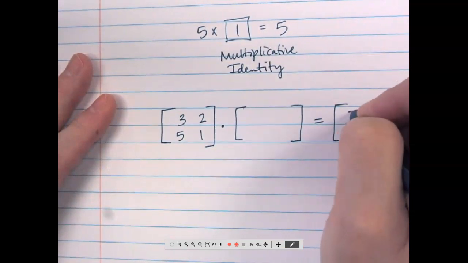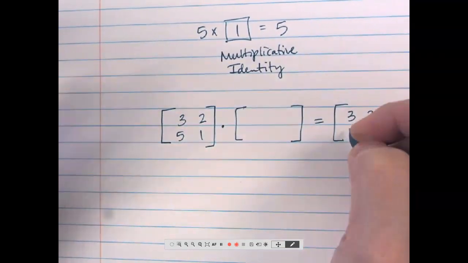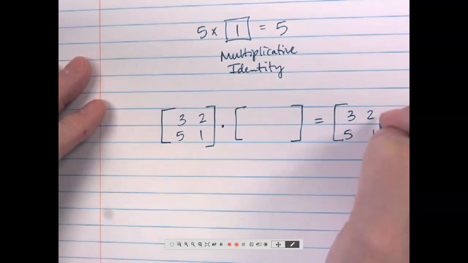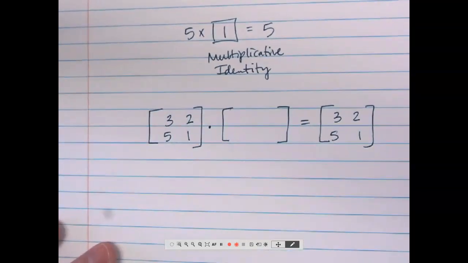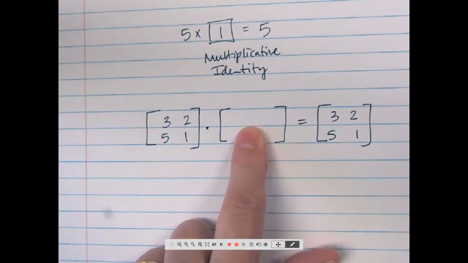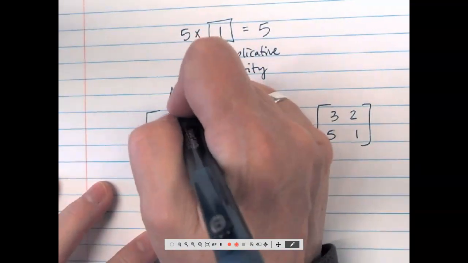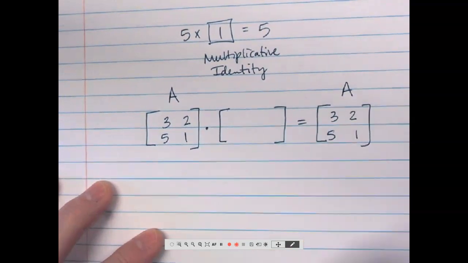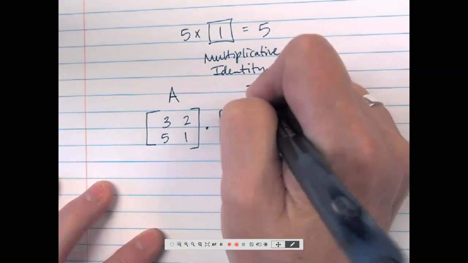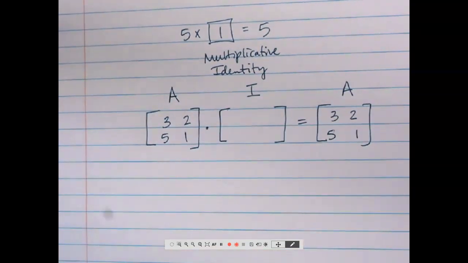There is a matrix, and this is only for square matrices again, so 2 by 2, 3 by 3, etc. There is a matrix that I can multiply that by to get the same matrix back again. So if I call this matrix A, and I get A right back, we call this the I matrix for identity. So it acts like a 1.